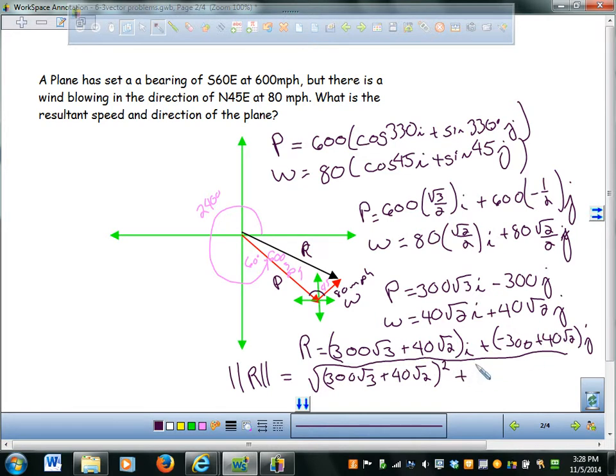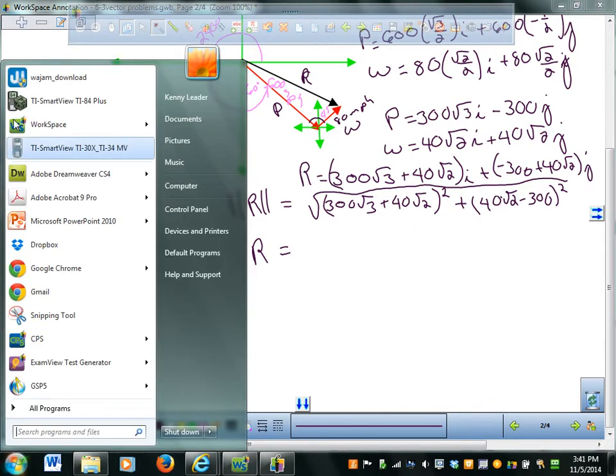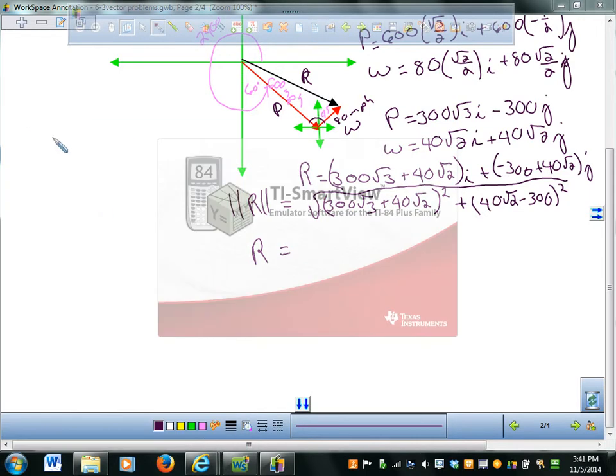Plus, I'm going to call this 40 root of 2 minus 300 quantity squared in the j direction, okay? And then I just plug that big chunk into my calculator, and I get that r is equal to, well, let's do it as long as I'm here and I got time. Let's grab that calculator.